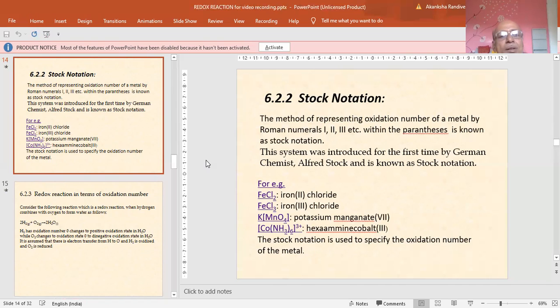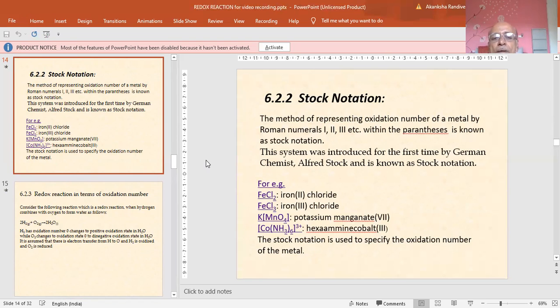The oxidation number, how to find out this oxidation number, we have studied different rules to find out the oxidation number of metal. Now, there are some elements which are having the fixed oxidation numbers. For example, fluorine has a -1 oxidation number.